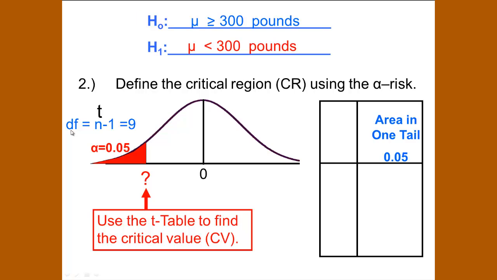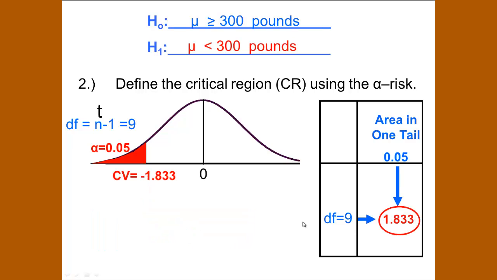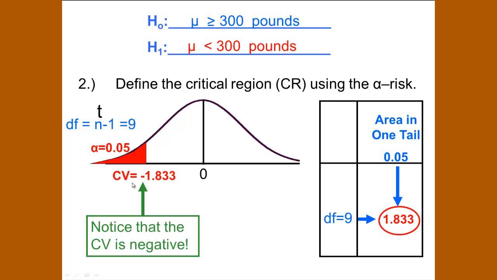There were 10 pieces of data, so 10 minus 1 gives us 9 for our degrees of freedom, and 9 with 0.05 in the area in one tail gives us 1.83. Notice our critical value is negative. We have to know that this would be a positive value if it were on the right, but it is a negative value since this is to the left. So you have to be able to do that yourself.